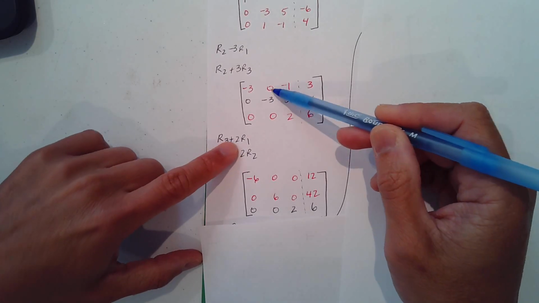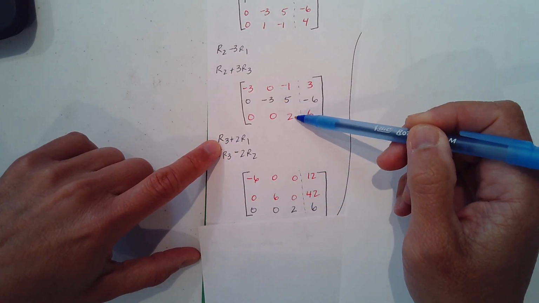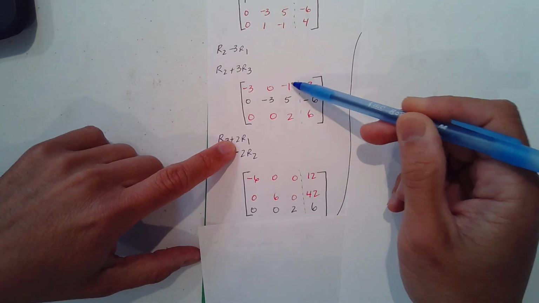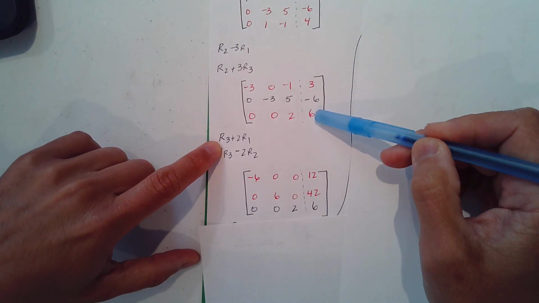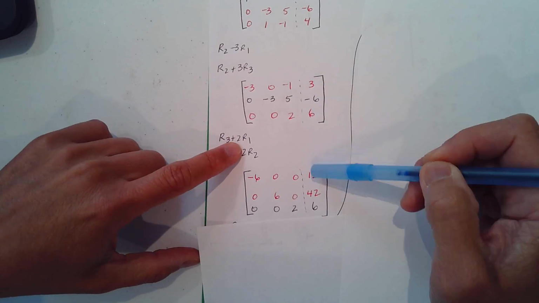So 0 plus 0 is 0. Next. 2 plus negative 2, there's our 0. And we will have 6 plus 6, 12.